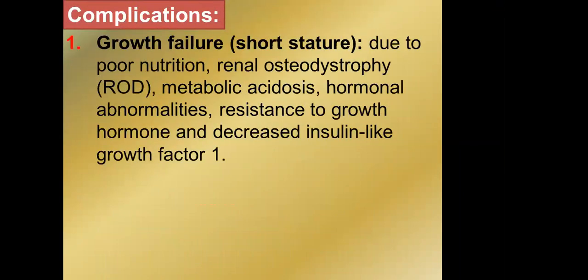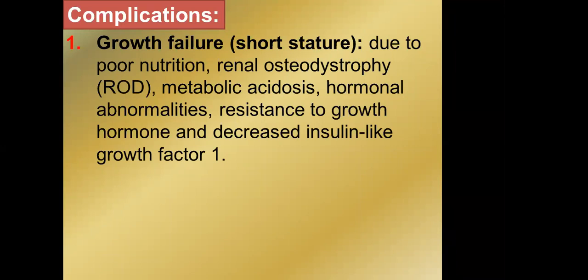About the complications of chronic kidney disease, the most common presenting feature, which brings the patient to the doctor or pediatrician, is growth failure, short stature. A lot of subtle chronic kidney disease is firstly diagnosed during the workup for short stature, which is due to poor nutrition, as a chronic condition causes decreased appetite, renal osteodystrophy, which I will discuss later, and metabolic acidosis, which causes failure to thrive.